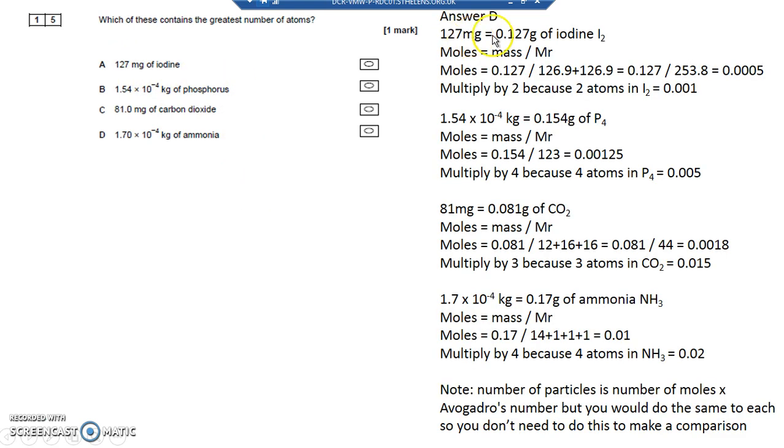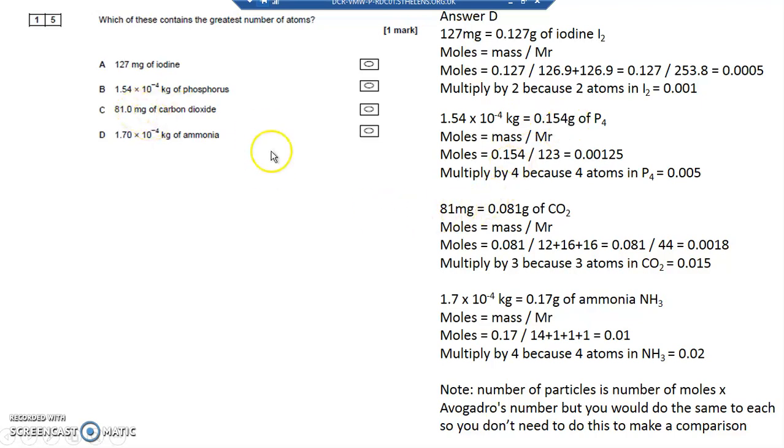127 milligrams is divided by 1,000. You have to get a small unit value up into a large unit value, so it's 0.127 grams. I'm just going to go through the rest now and work it out in grams first. 1.54 times 10 to the minus 4 kilograms: kilograms down into grams, I multiply by 1,000, so this is 0.154 grams.